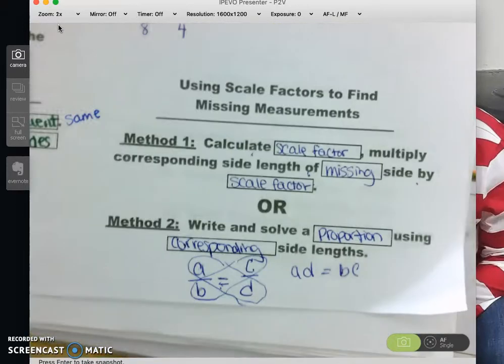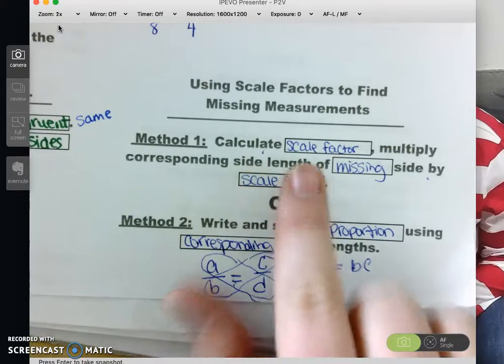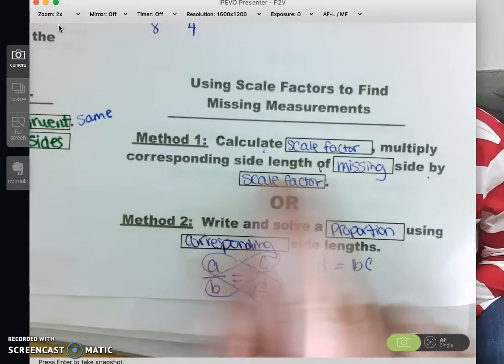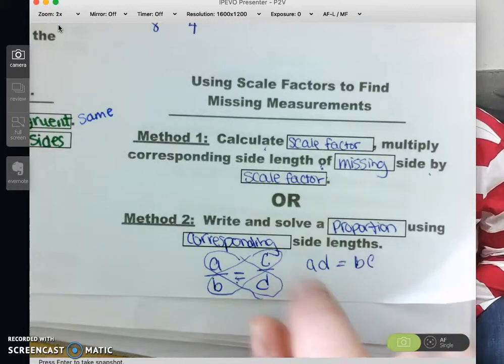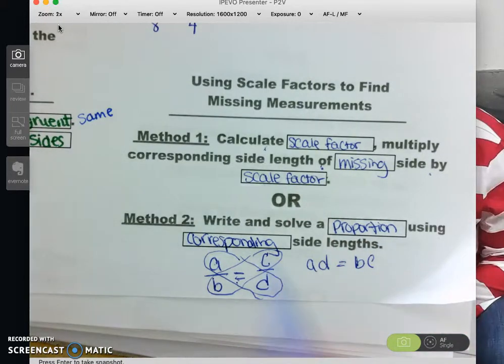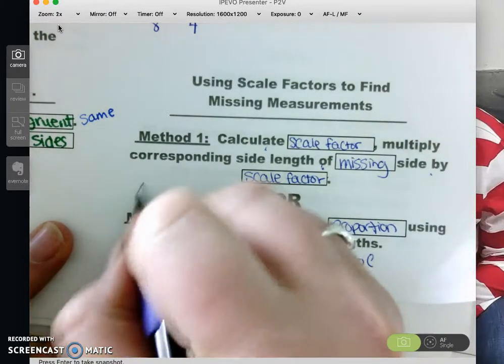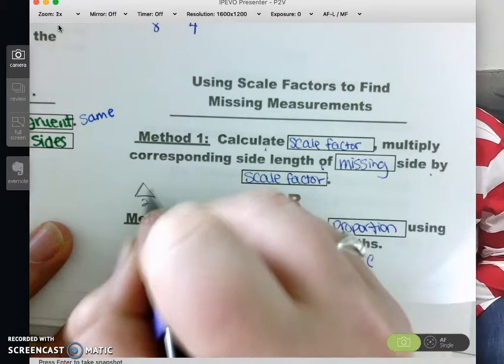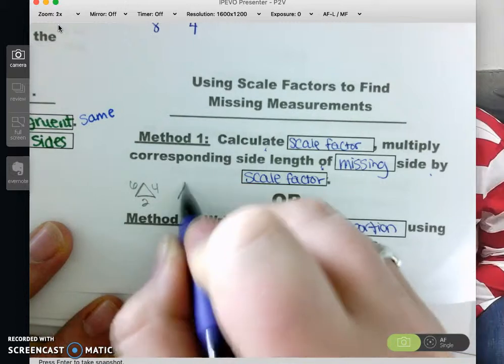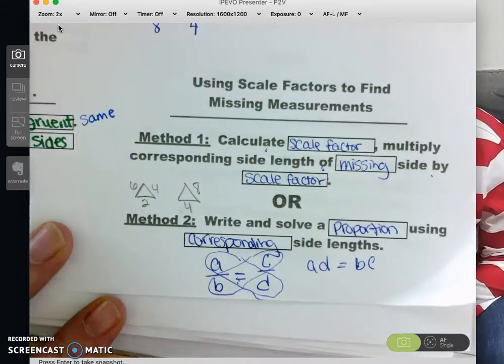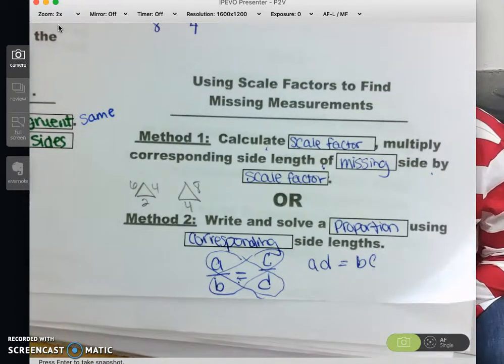So method 1 is calculating the scale factor and then multiplying the corresponding side length of a missing side by that scale factor. Well, I don't like this way, because if I have a triangle that's 2, 4, 6, and the next one is 4, and this one's 8, I would first find the scale factor.